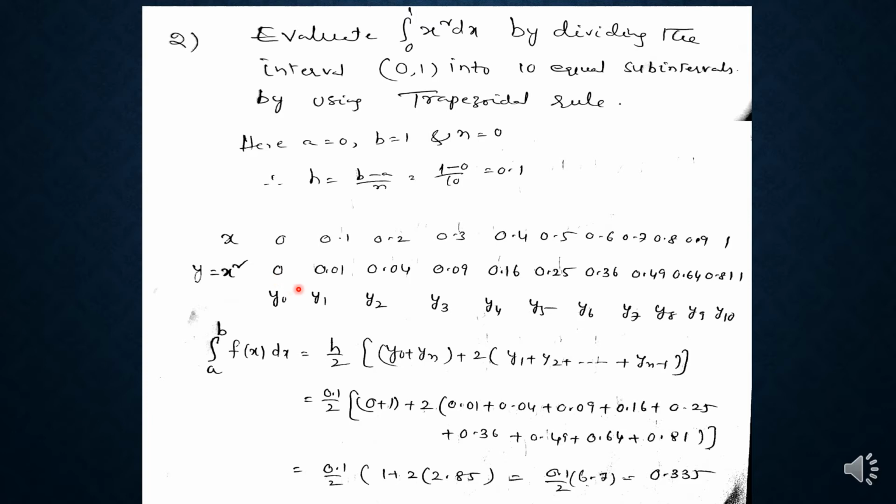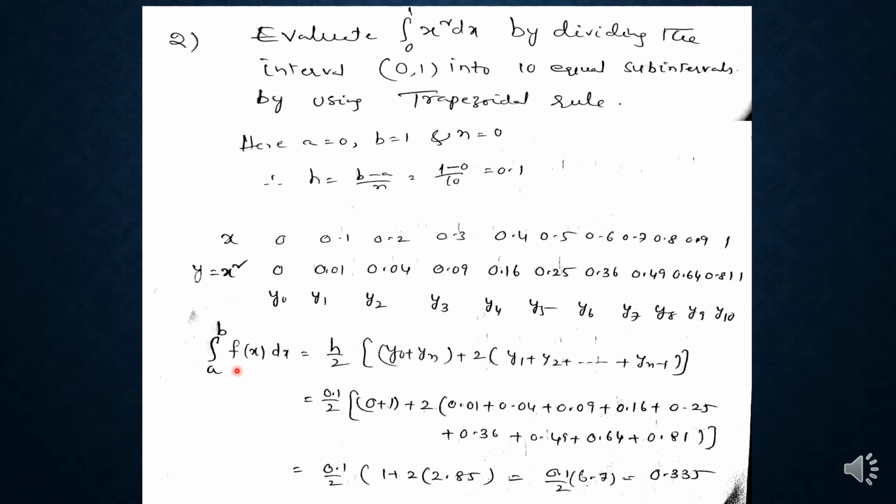This is y naught. 0.1 whole square, 0.01. 0.2 whole square, that is 0.04. 0.3 whole square, 0.09. 0.4 whole square, 0.16, 0.5 whole square, that is 0.25, 0.6 whole square, 0.36, 0.7 whole square, 0.49, 0.8 whole square, 0.64, 0.9 whole square, 0.81, 1 square, that is 1.